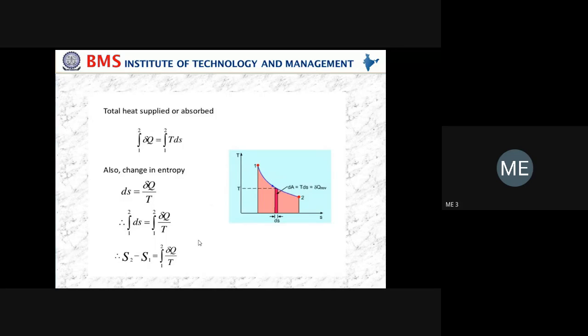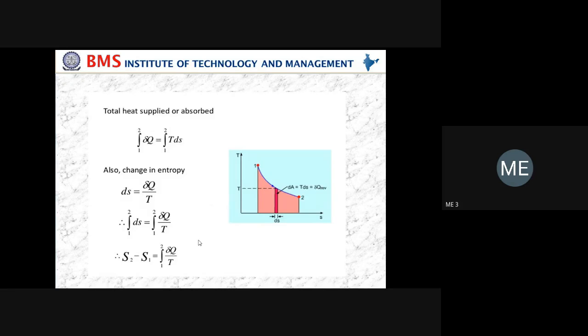Entropy is a property of the system. It is mainly related to the heat transfer and temperature. As heat is added to the working substance of the system, the entropy of the system increases, that is, you get a positive value.